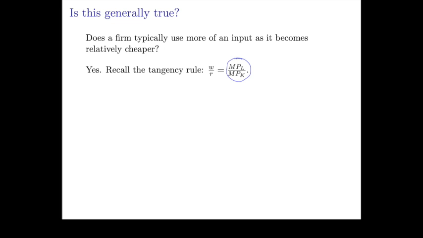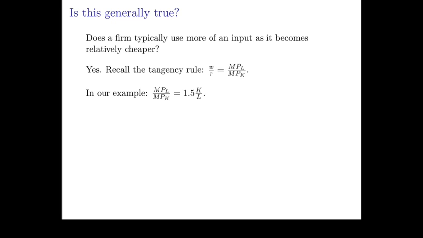Remember, the tangency rule tells us that the negative ratio of the input prices is equal to the negative ratio of the marginal products. Canceling out the minus signs, the ratio of the input prices is equal to the ratio of the marginal products. So if an input becomes relatively cheaper, you're going to use more of it.